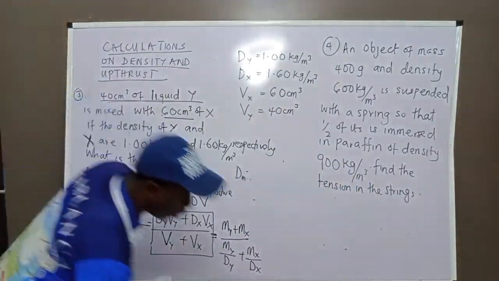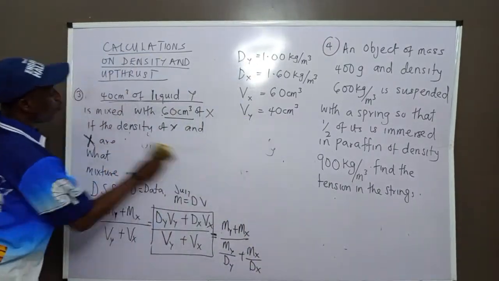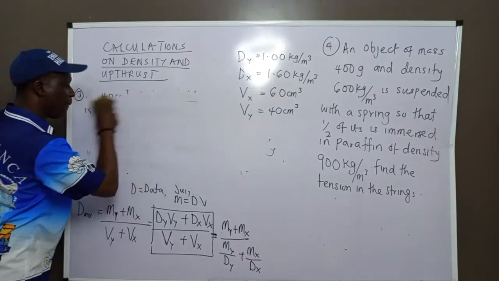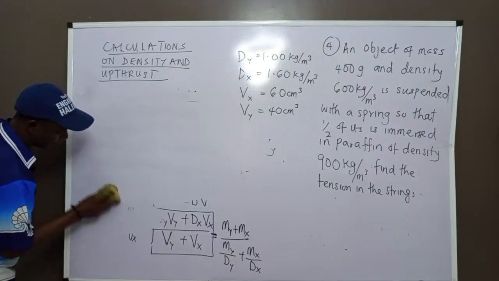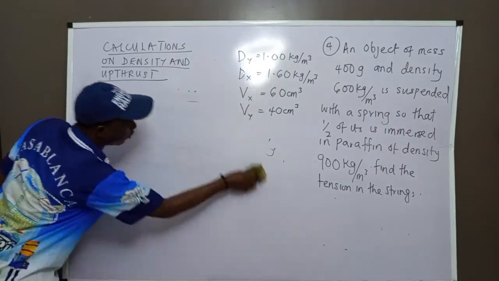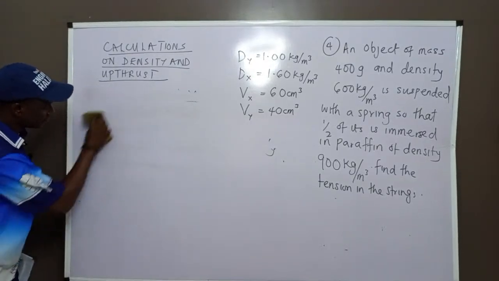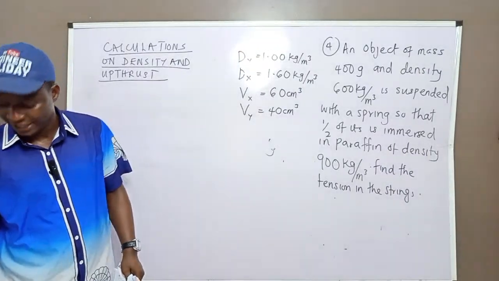Now, in this question, we want to find the tension in the string. So, in that case, we have to be very careful. I gave you a formula relating tension when you suspend a body in water. Now, there was a question somebody asked me. I said, any question they ask me concerning a particular topic, I'll bring it to the house.